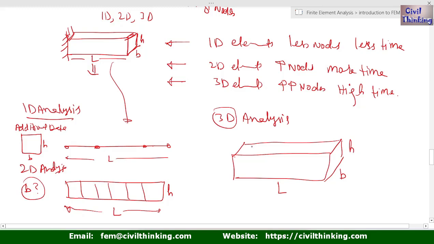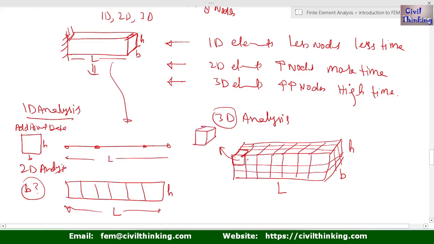So when we carry out the meshing, it is going to be something like this, for example if we use brick elements.